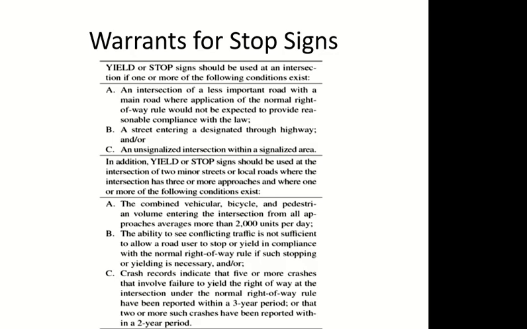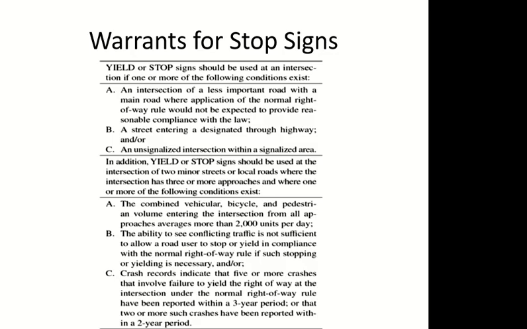But if you have crashes which are from the crossing traffic, how many of them? 5 or more in 3 years and 2 or more in 2 years. Okay, but which type of crashes? The ones which are happening with the crossing traffic.